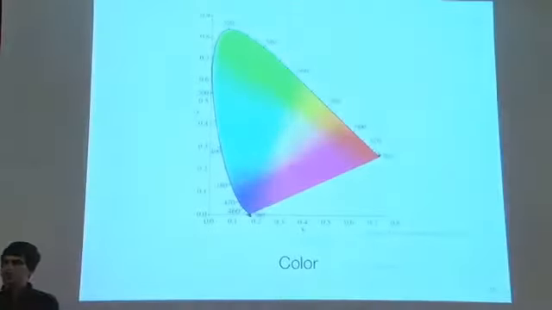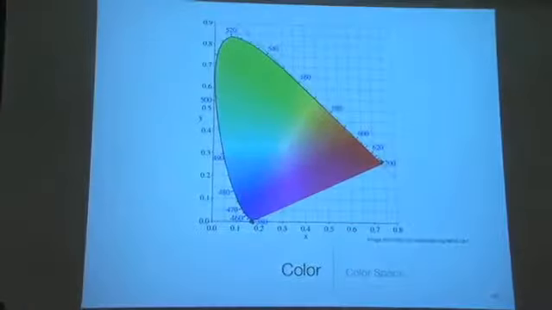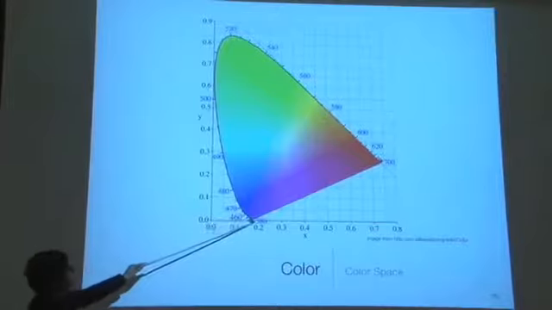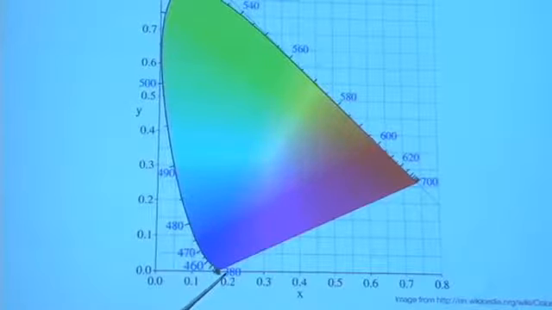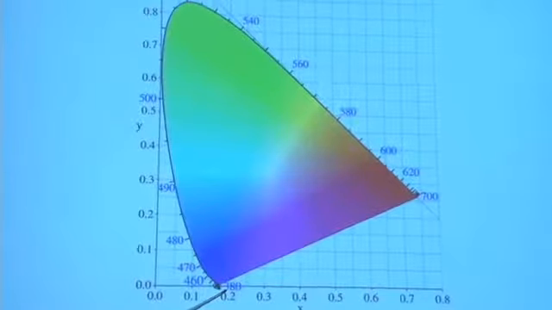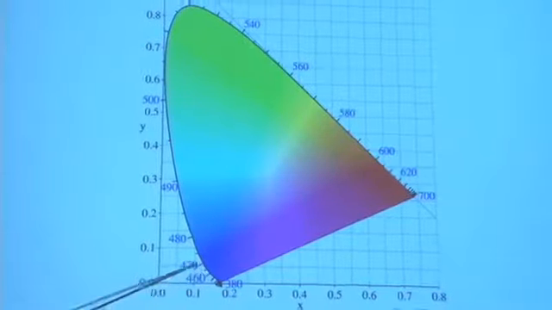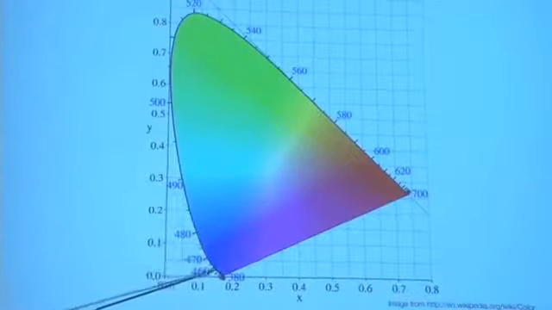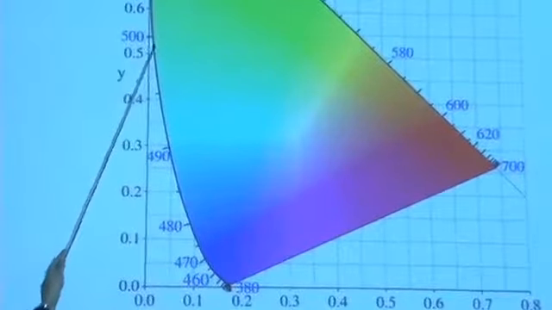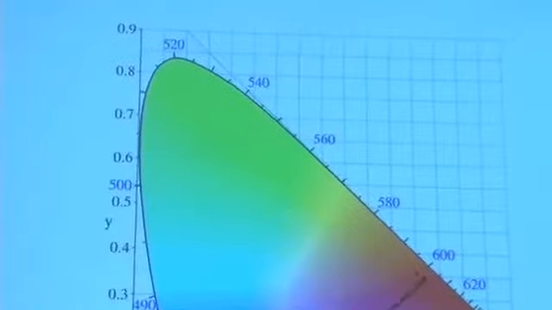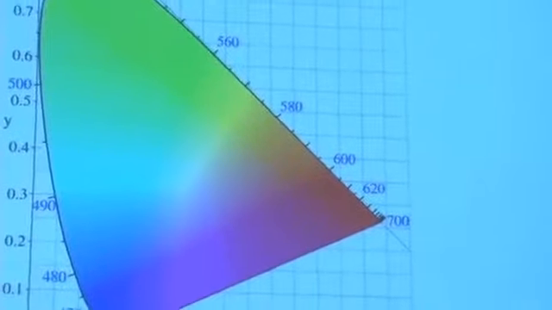So in this color space, for example, this is representing all of the colors that we can see with our eyes. We can see all the way from this very deep blue, which is at a wavelength of about 380 nanometers, and we just go all the way around. This very outside edge of this color space represents the individual colors that we can see with our eyes.